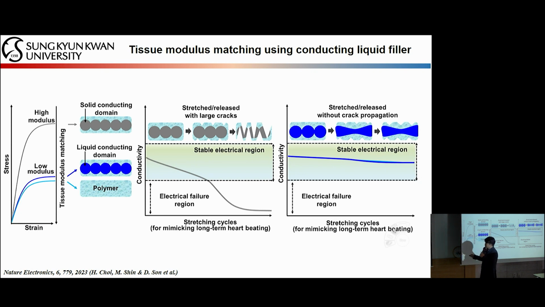How about this? This is a liquid metal. It does not evoke crack propagation, especially in a tough self-healing polymer material, due to its extremely low stiffness compared to solid fillers. So as you can see here, we can achieve long-term stable electrical percolative pathways in the polymer matrix, so we can interact with the cardiac tissue stably.